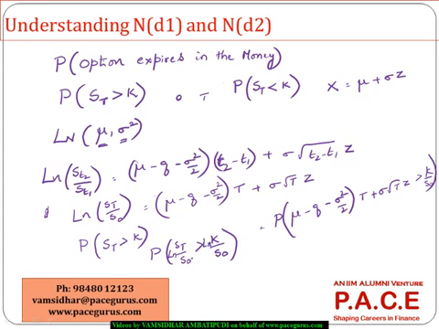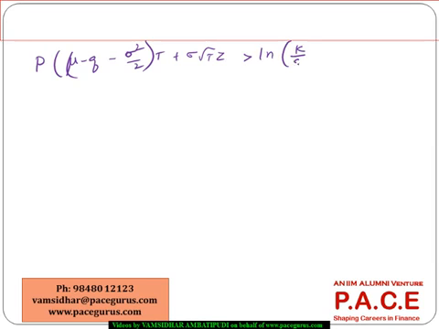I want the probability of log S_T by S_0 greater than log K by S_0. That is what I may have to write here. Okay, let me write it again. I need to find the probability that mu minus q minus sigma squared by 2 times T plus sigma root T times Z is greater than log K by S_0.